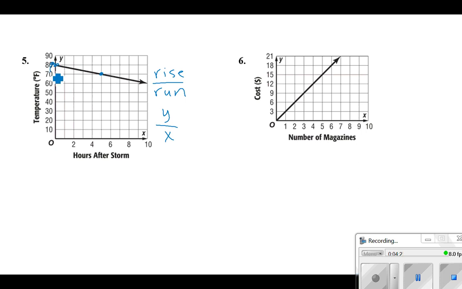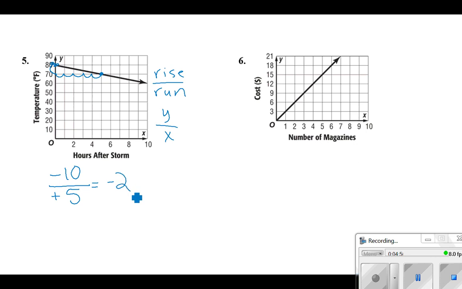And I'm going to go 1 bubble, but that 1 bubble represents 10. Because I'm going down, it's going to be negative 10. And then I'm going to go right, which is a positive direction. 1, 2, 3, 4, 5. Each of those bubbles represents 1. So that would be 5, which gives us negative 2.